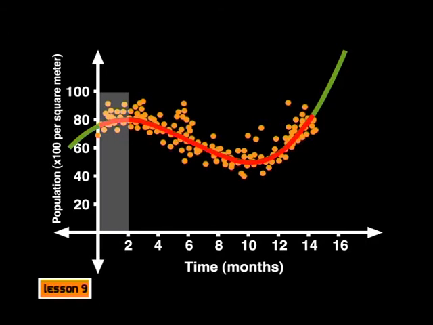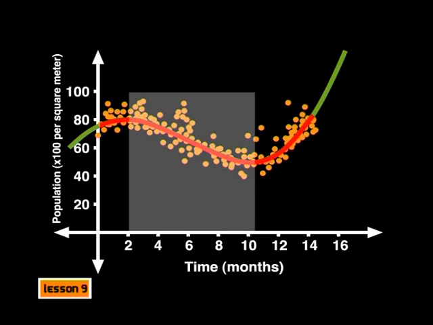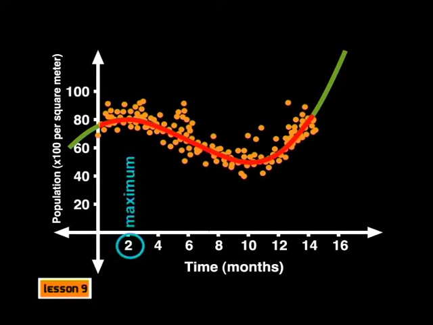It first went up. In other words, the population increased to a maximum, and then it went down. The population decreased to a minimum. So 2 months corresponds to the maximum value, and 10 months corresponds to the minimum value.